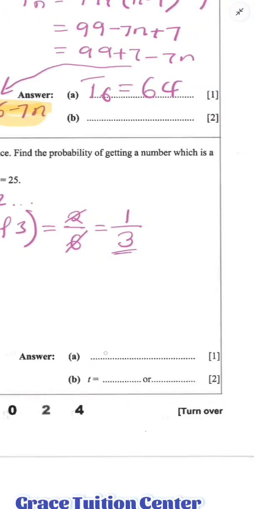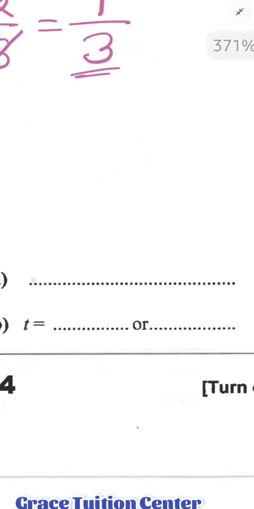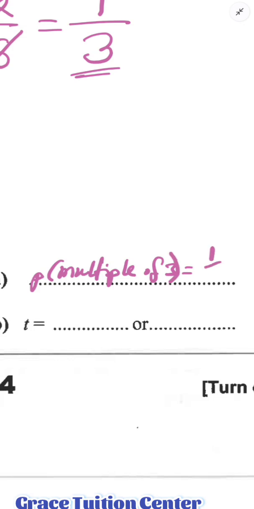So the probability there is equal to, let's just zoom that there so that we can write properly. Probability 1 over 3.